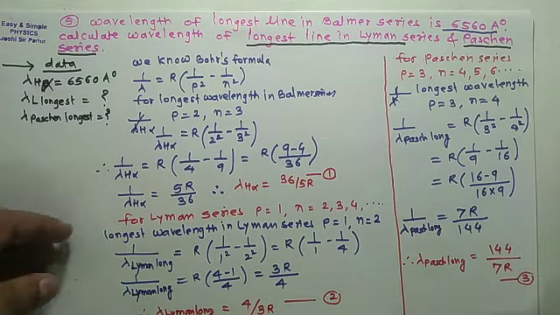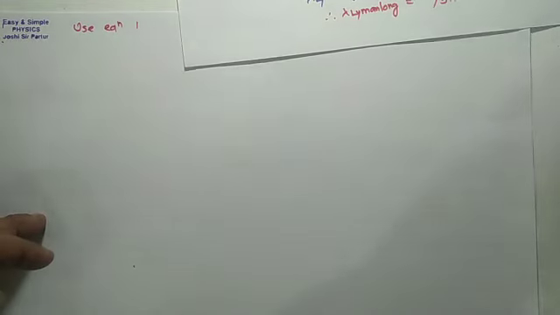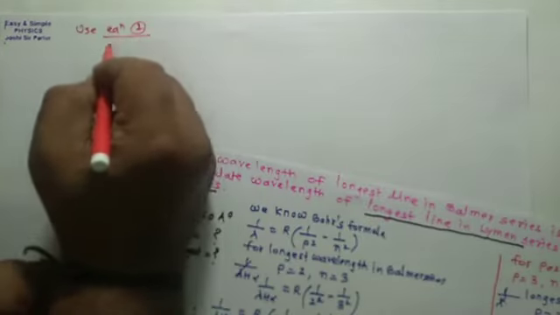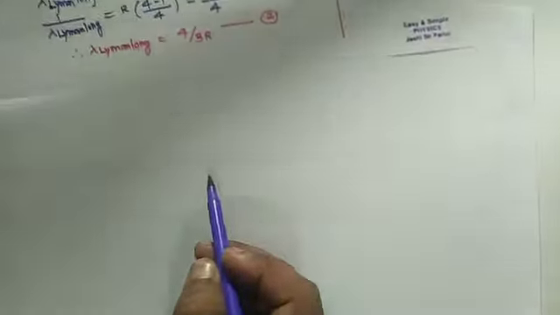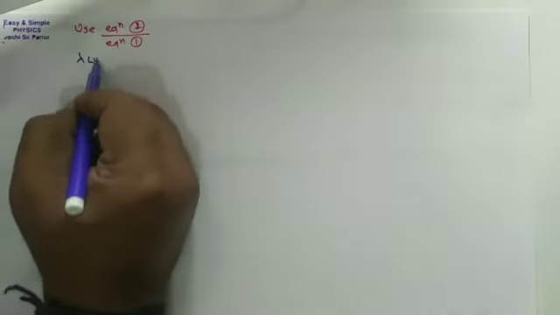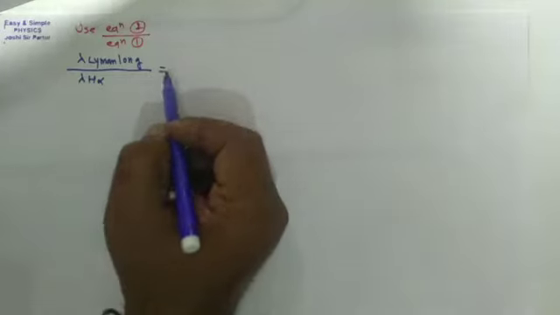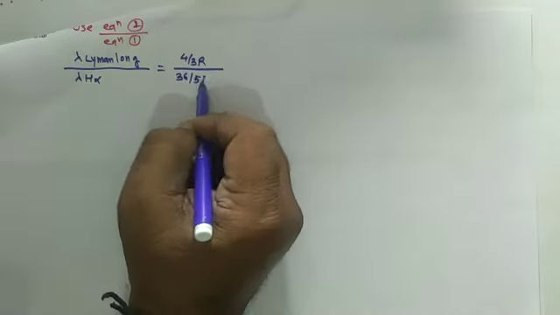By taking these three equations, we can find the values one by one. First of all, we divide equation 2 by equation 1. Equation 2 gives lambda Lyman longest divided by lambda H alpha of Balmer series longest, which is equal to 4 upon 3R divided by 36 upon 5R.